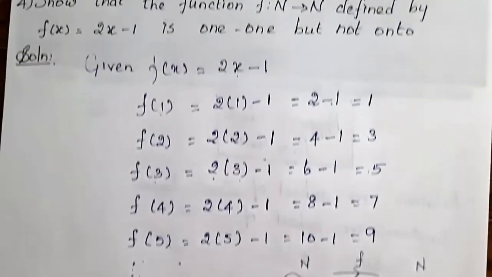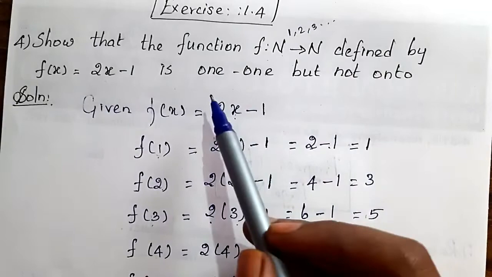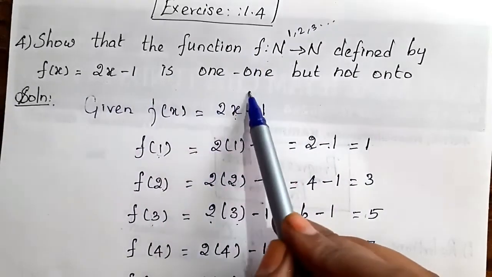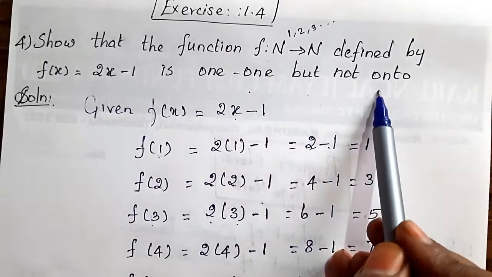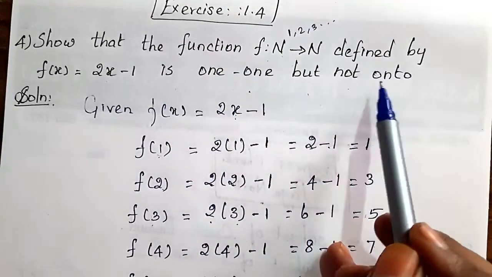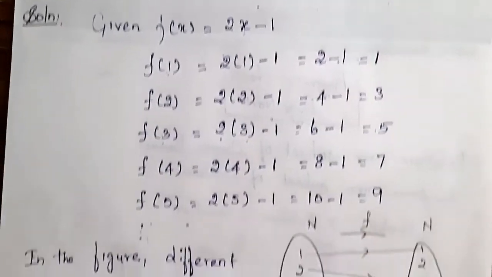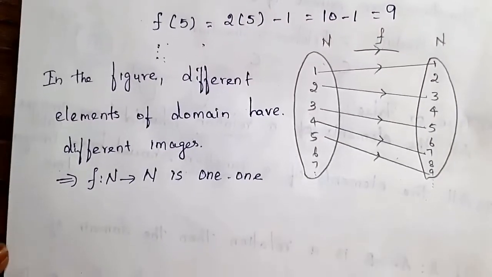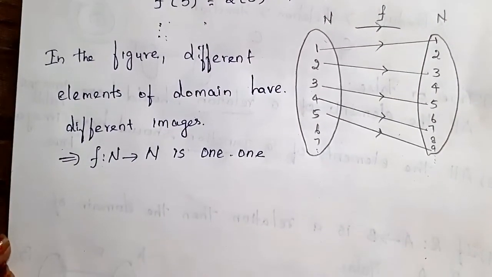So in our question, what are they asking? You have to show this is 1-1 but not onto. So 1-1 we proved now. We have to prove it is not an onto function. So how can you prove that? Using this figure. If it is an onto function, the range must be equal to the codomain.